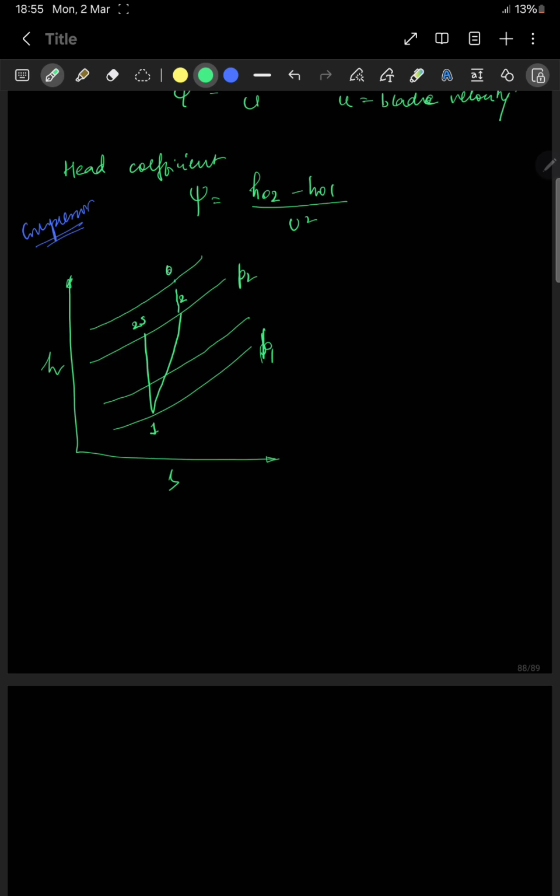This can be termed as T02, and this can be termed as 01.